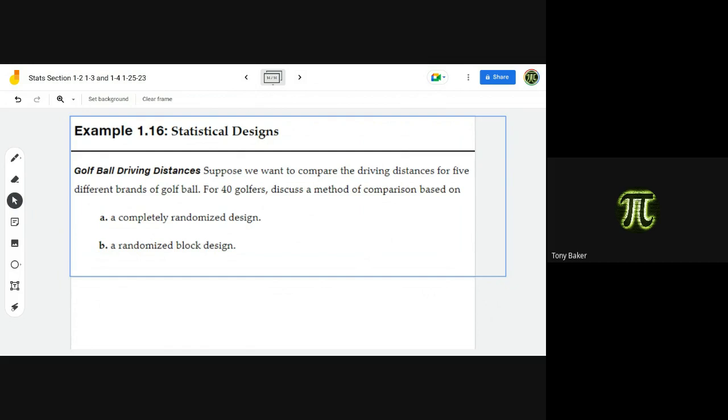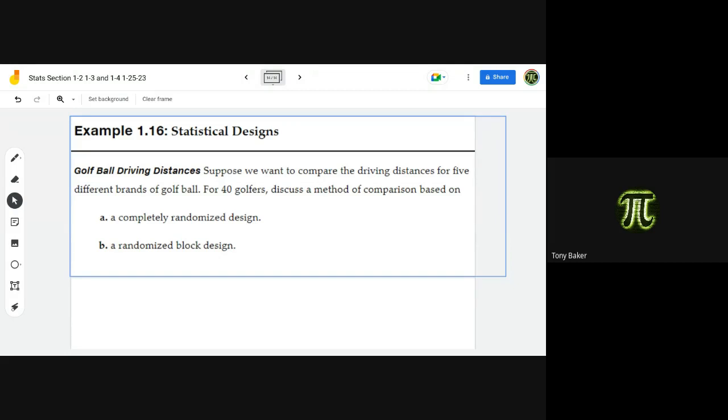The golf ball brands, not the golfers. I'm not testing the golfers. I'm testing the golf balls. The golfers are just kind of like the water for the cactus plants. They're the ones I'm using to test it, but I'm really testing the driving distance of those golf balls.